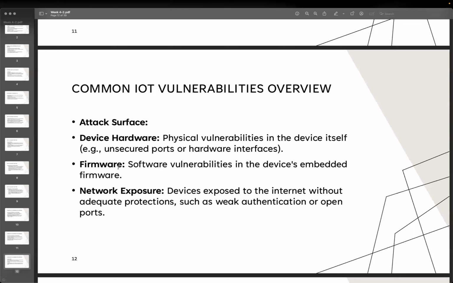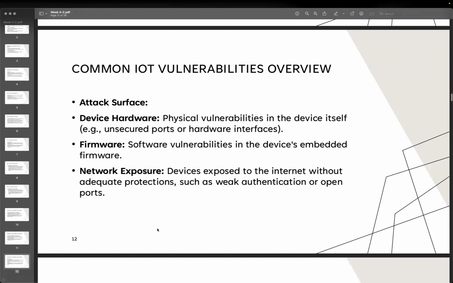And as we mentioned, because the firmware is embedded, they barely update, and they are also exposed to the network. Most IoT devices, maybe even the Raspberry Pi we are testing, connect to the internet, to the web, but without adequate protection like authentication, or with open ports, then it causes issues.